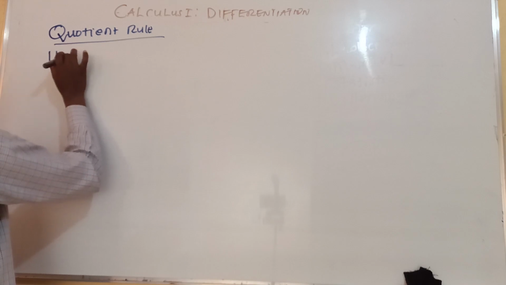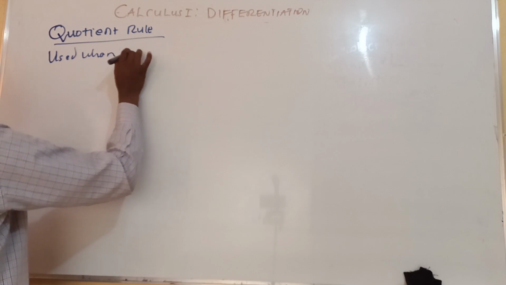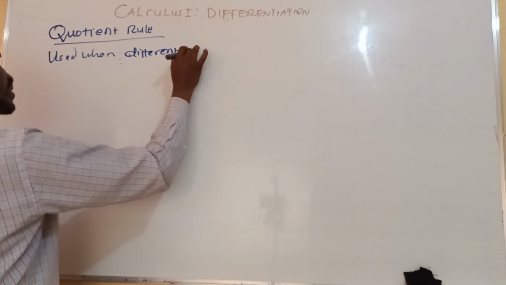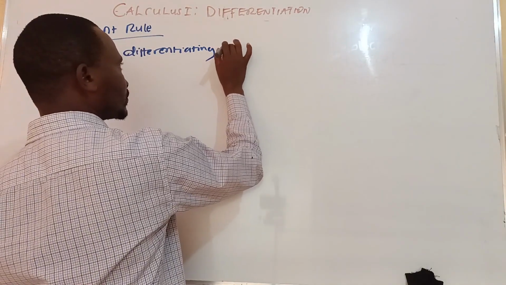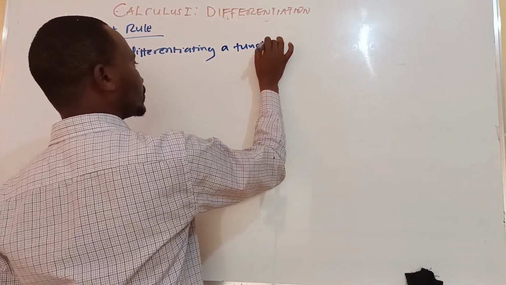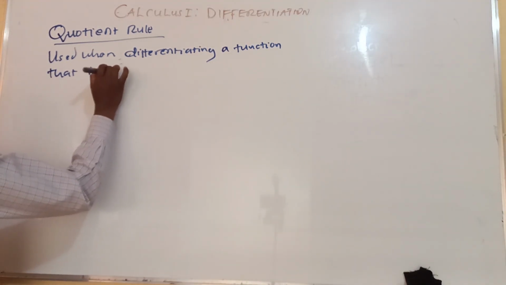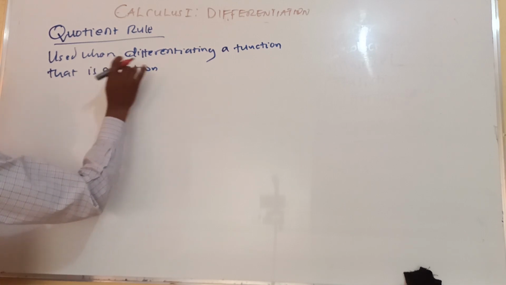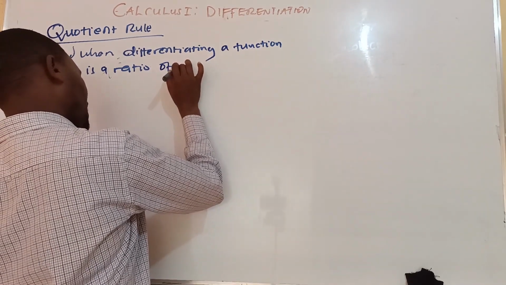Used when differentiating, or to find the derivative of a function that is a ratio of two differentiable functions.